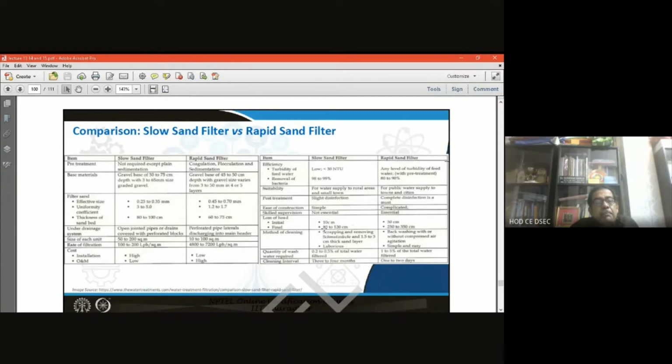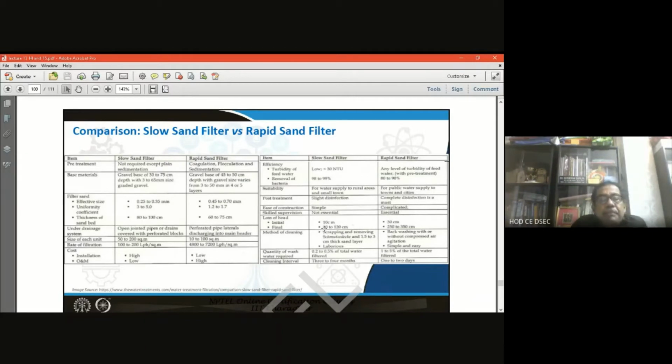Next, the base material which supports the sand layer of the top media. Base material means the gravel base. In case of slow sand filter, it is 30 to 75 centimeter depth with 3 to 65 millimeter size graded gravel.